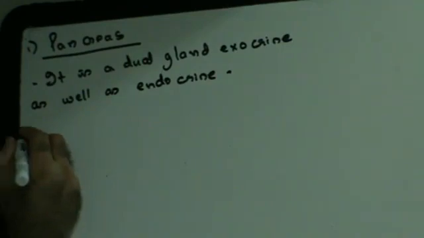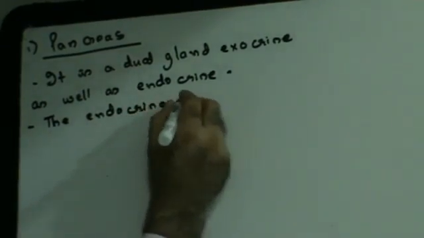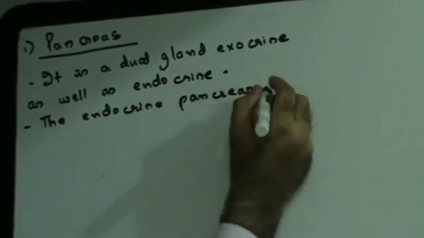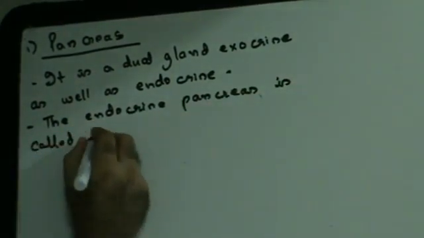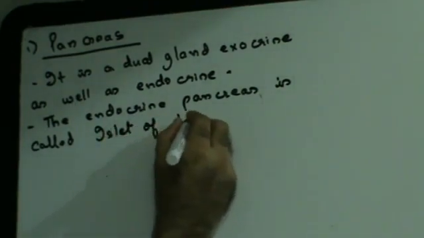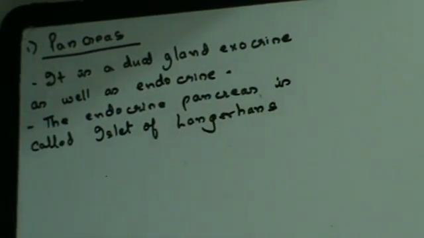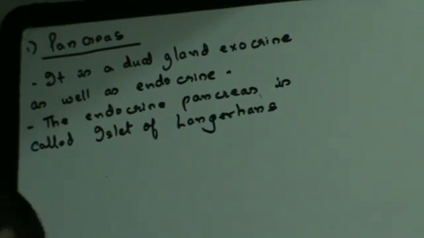Now, the endocrine pancreas is called the islet of Langerhans. These show three types of cells, which are called alpha, beta and delta cells.